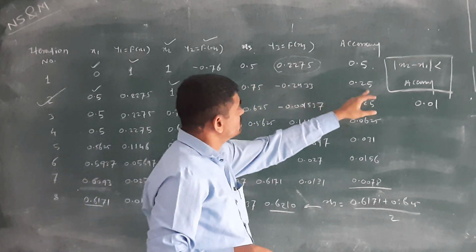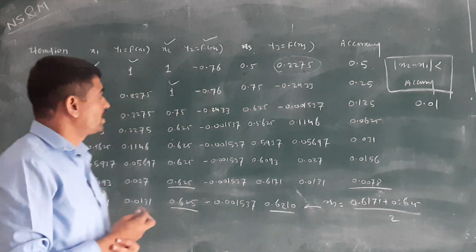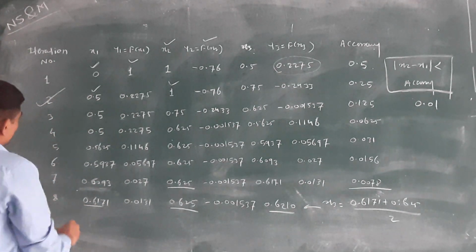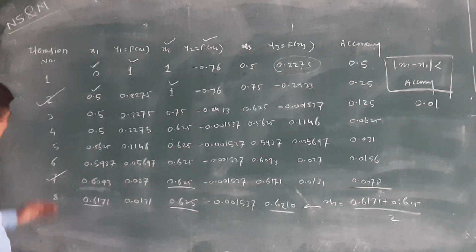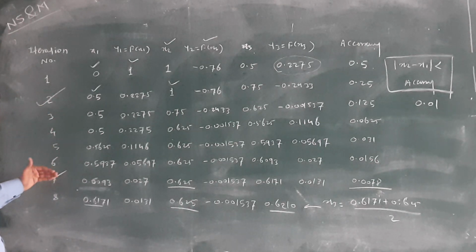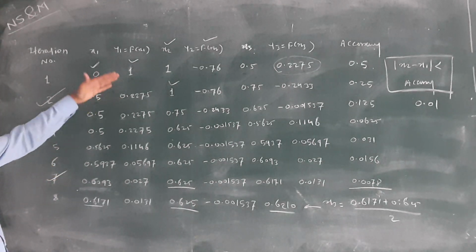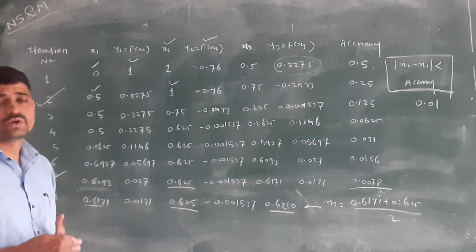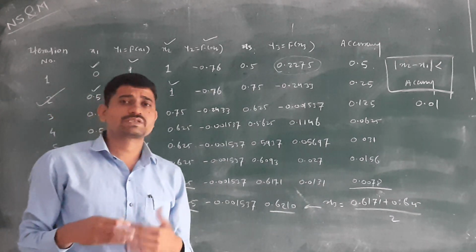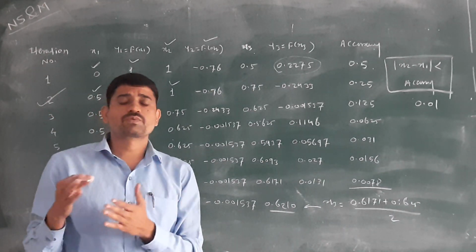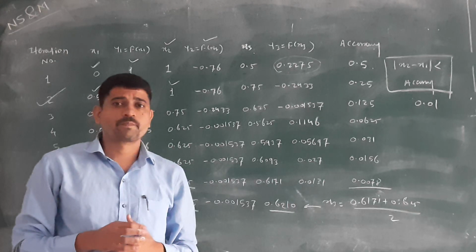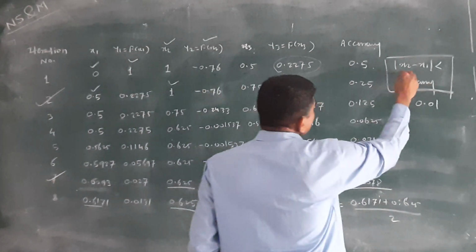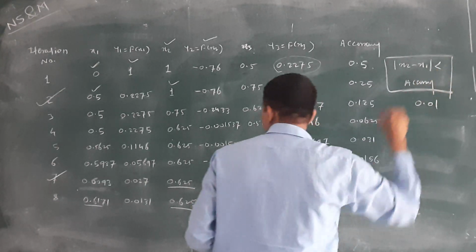You will get the accuracy 0.25. Up to the 7th iteration we have done these equations. You only have to change the value, or find the new guesses x1 and x2, and use the same procedure, step number 2 to step number 5, till we get the mod of x2 minus x1 less than the accuracy.